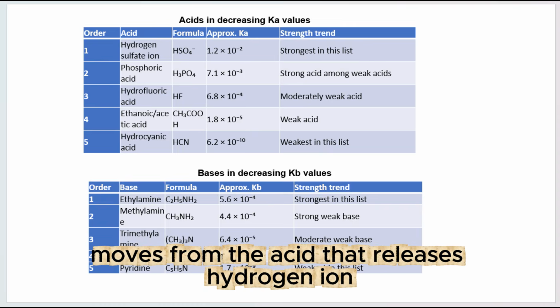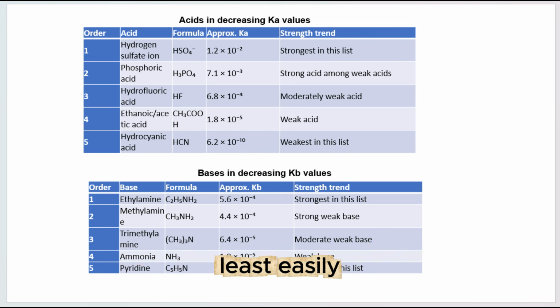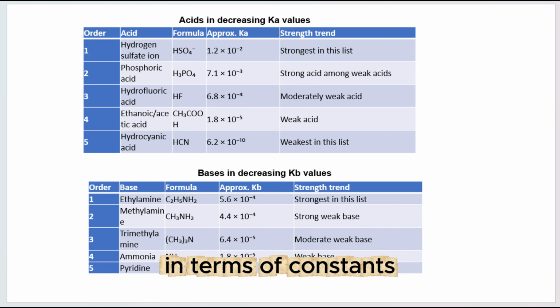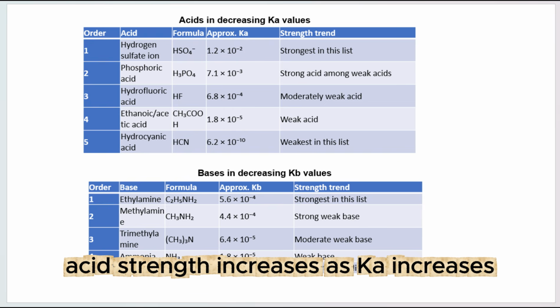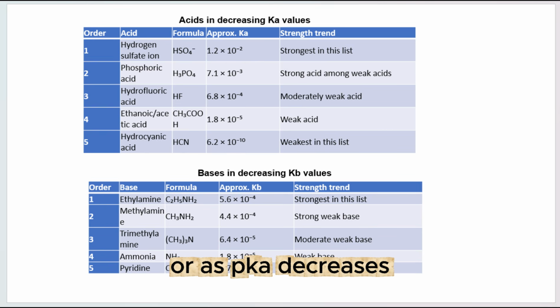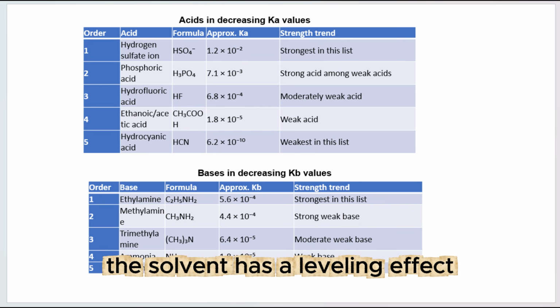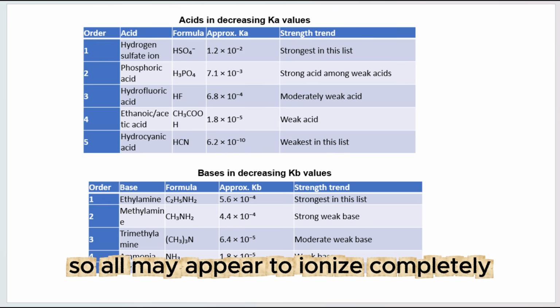The arrangement moves from the acid that releases hydrogen ion least easily to the acid that releases hydrogen ion most easily. In terms of constants, acid strength increases as Ka increases, or as pKa decreases. Important note, for very strong acids in water, the solvent has a leveling effect, so all may appear to ionize completely.